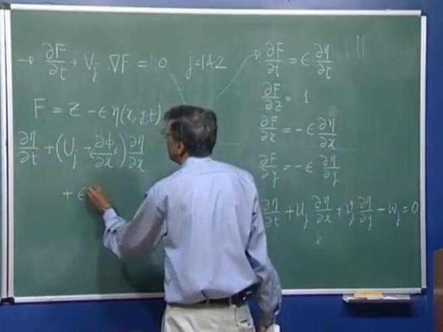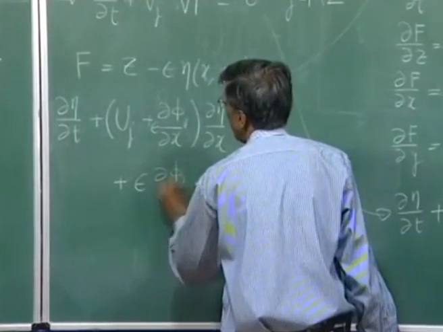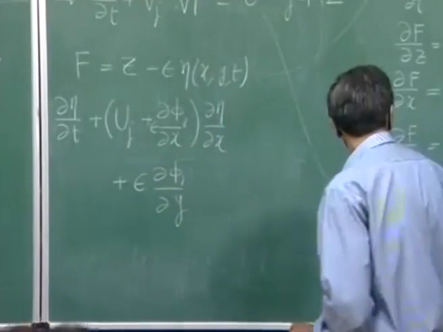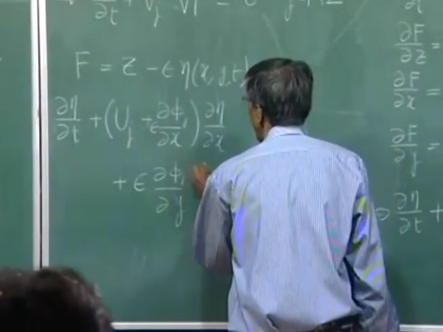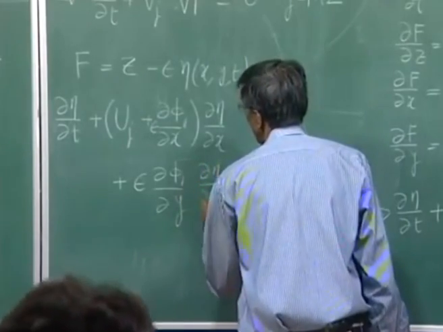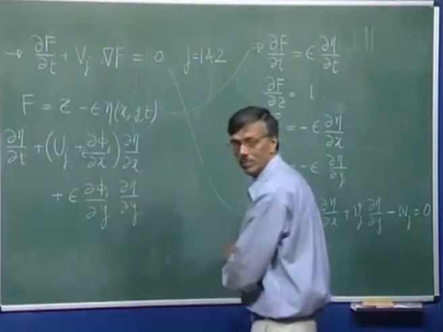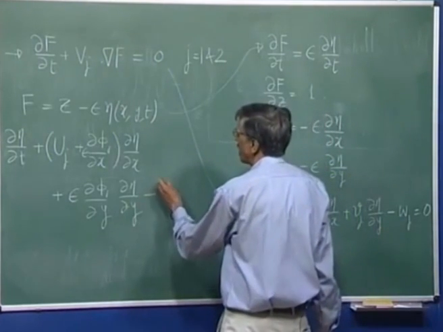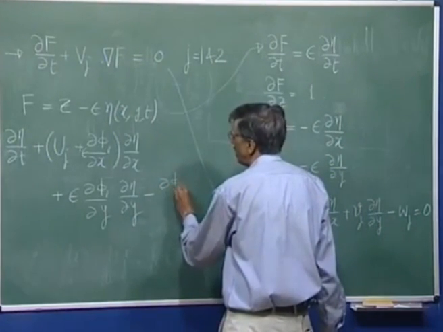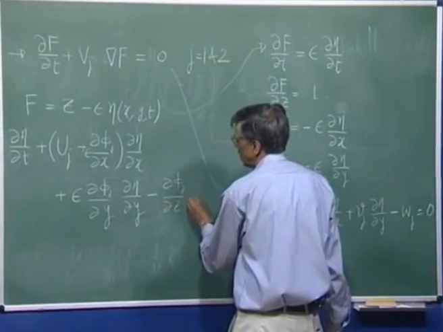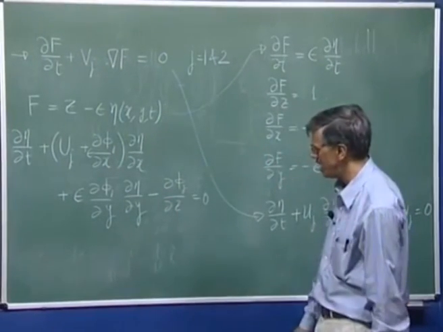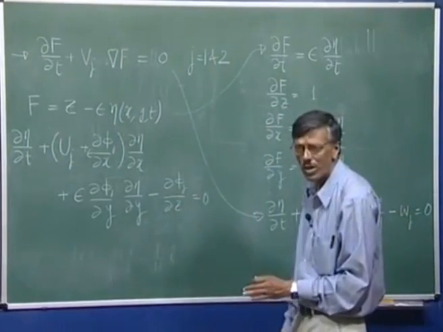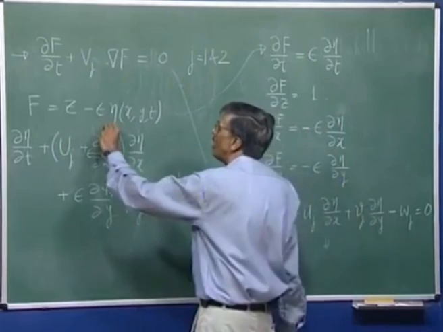I have epsilon del phi j del y, that is your V j, times del eta del y. And W j is nothing but del phi j by del z. Now, you can see that if I just write down the order 1 quantity, then this term will go away.